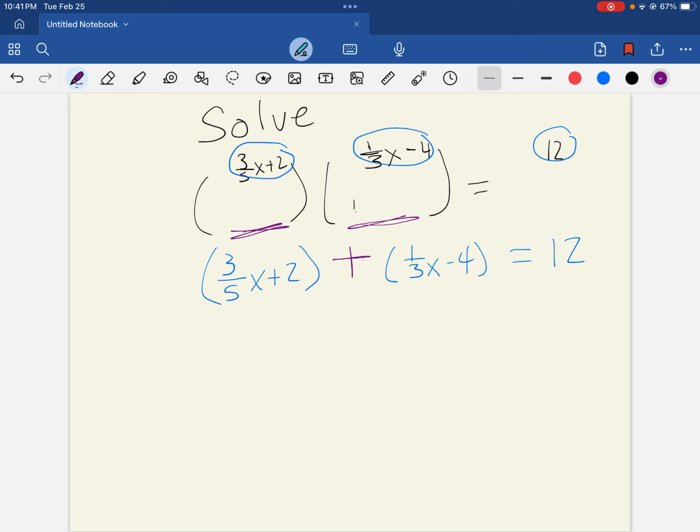This is what's new. This is all of our new stuff just rolled into the very start of this problem. From here, we are going to solve this equation. I'm going to solve this by first combining my like terms, and then I'm going to use my inverse operations.